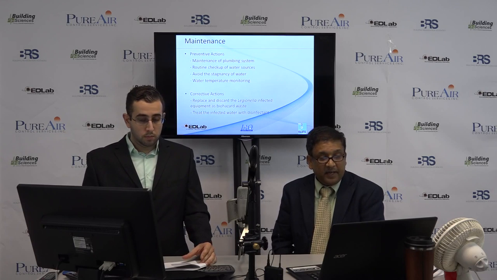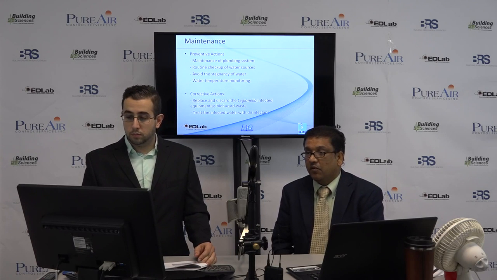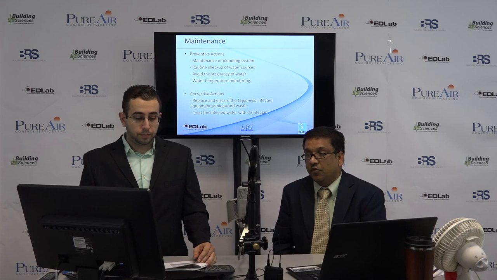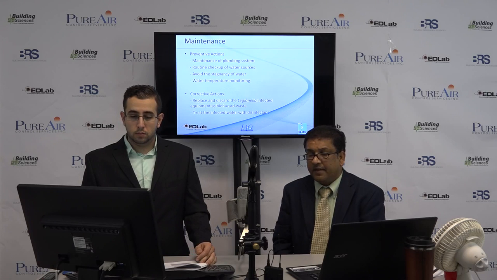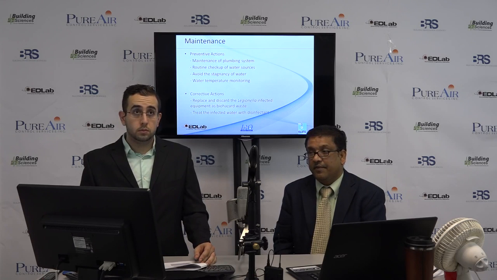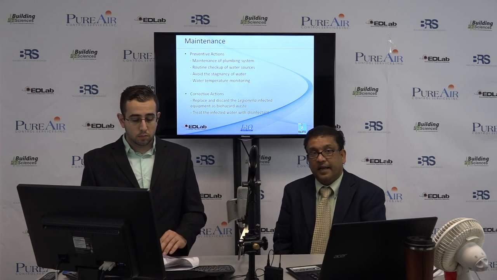Now, the maintenance of this particular issue has two aspects. As I was telling you, one is the preventive action, the other is the corrective action. The preventive action helps us prevent or manage the bacteria without having any trouble.